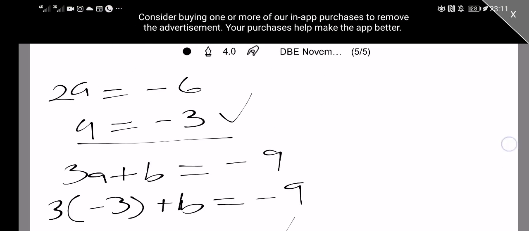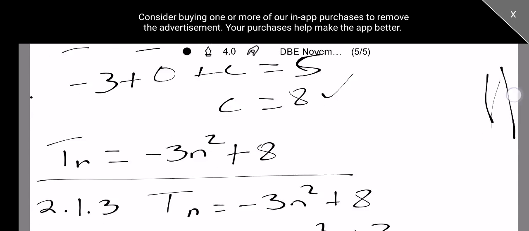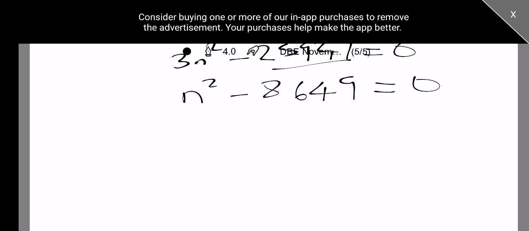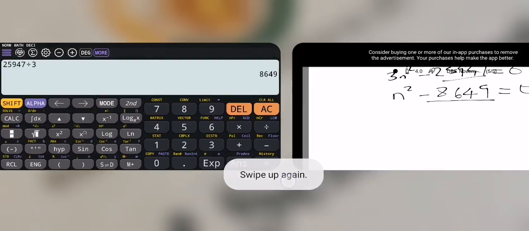Yes, it is divisible by 3. So let's divide both sides by 3. We're going to be left with n squared minus 8,649 equals 0. Now let's find out if this is a perfect square.